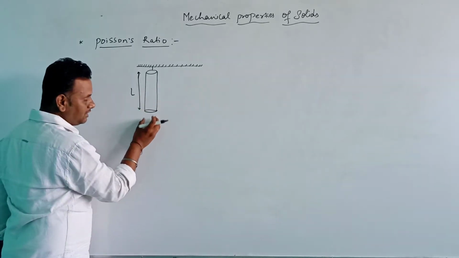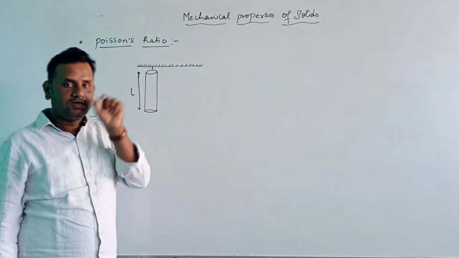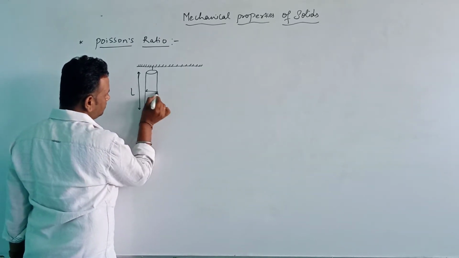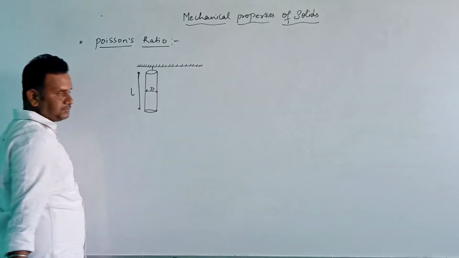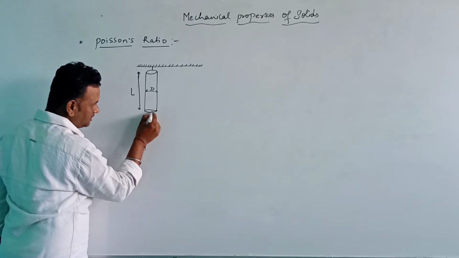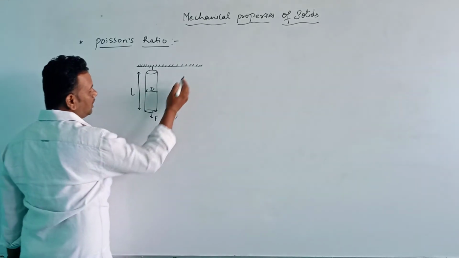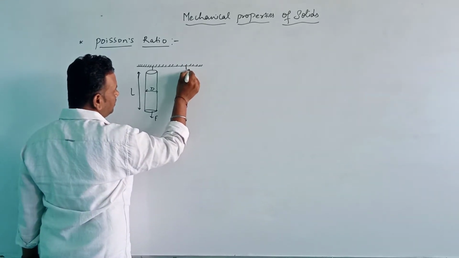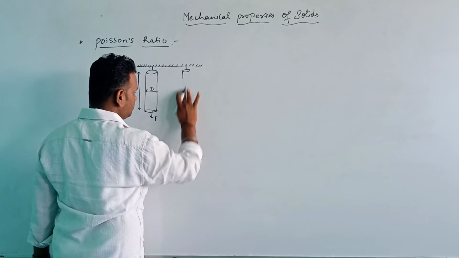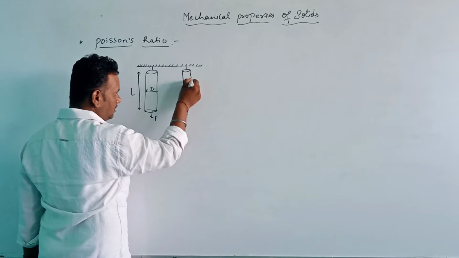The length of the wire increases and simultaneously the diameter decreases. Say the diameter is D, capital D, when it is stretched by a force.